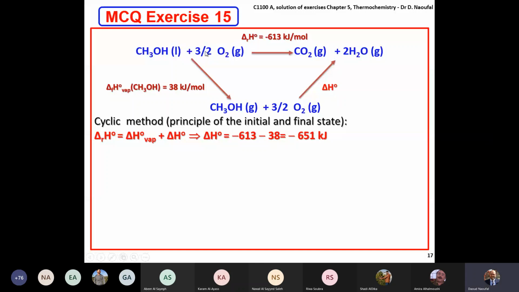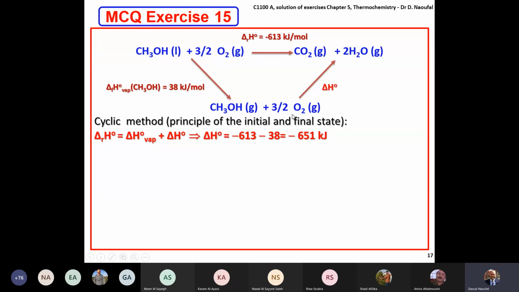Look to the direction. This direction is the sum of the two other directions. And pay attention, the arrows should be in the same direction. So delta H0 is equal to delta H0 of the reaction minus delta H0 vaporization. So delta H0 of the reaction equals minus 651 kilojoule. I calculated this delta H0.